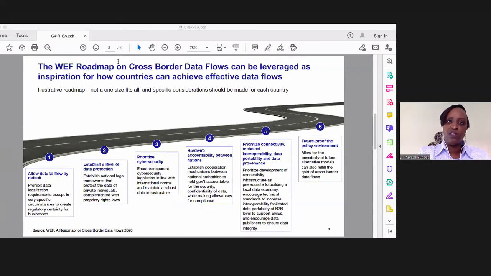Obviously we'll continue to work closely with them, with the Ministry of ICT and Innovation and the relevant regulatory authorities to ensure that we have an instrument that is innovation and investment friendly.